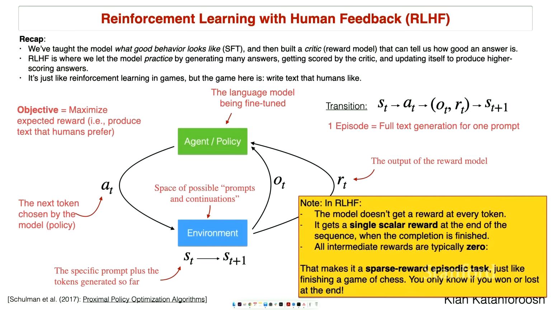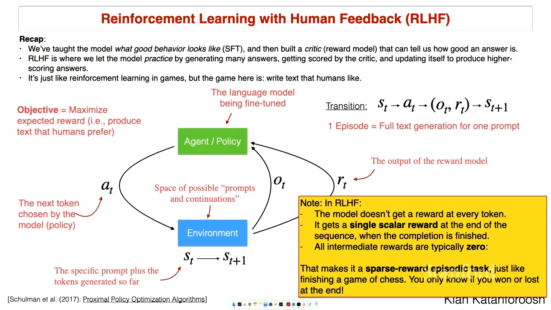Okay? So a few things to note to end on this. The model does not get a reward at every single token. It gets a reward at the end of a sequence when the completion is finished, because the reward model was asked to rate prompts and responses together. So you need to finish the generation in order to see what's the reward.